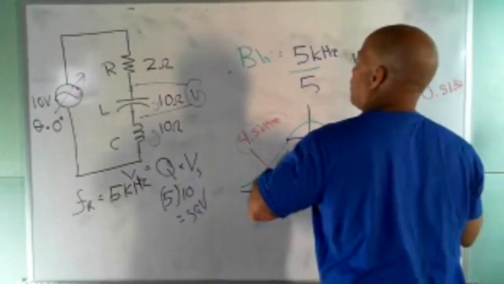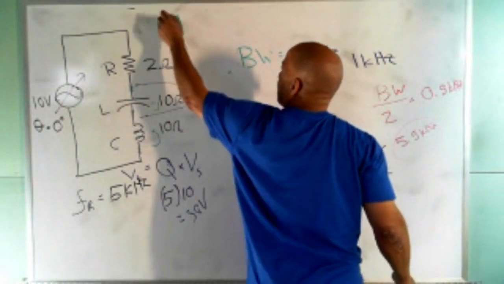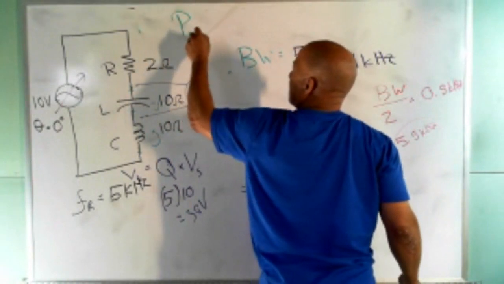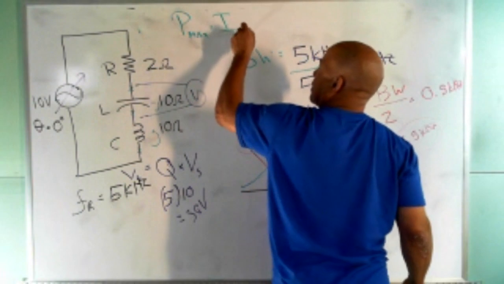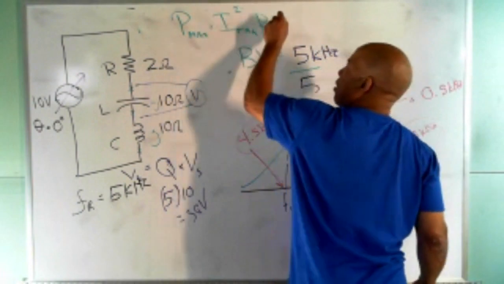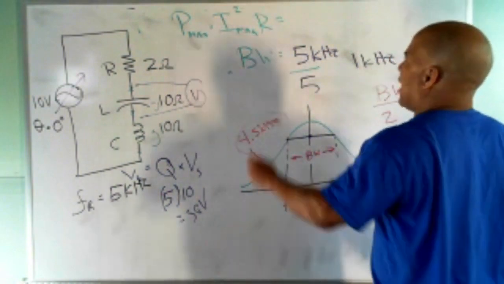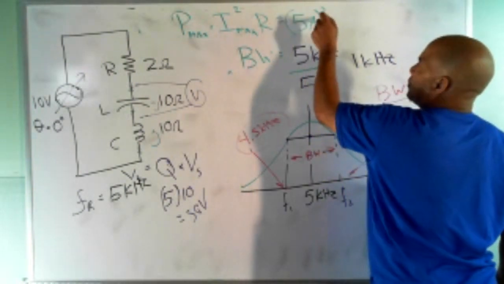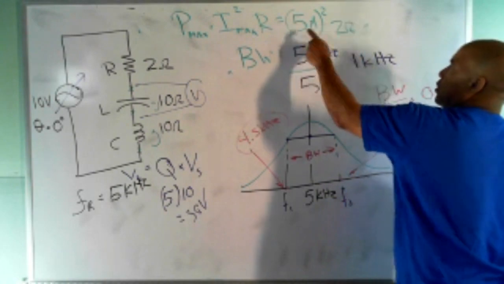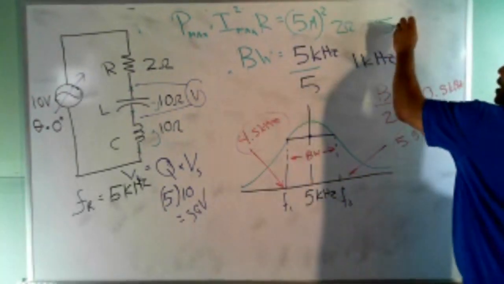My P max, the equation for P max was just I max squared times R. For I max, it was 5 amps, so I got 5 amps squared times 2 ohms. 25 times 2 is 50 watts.